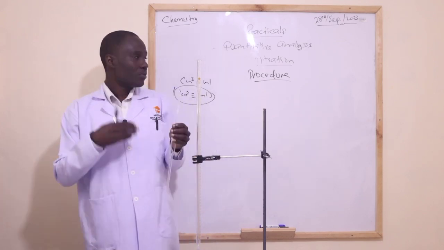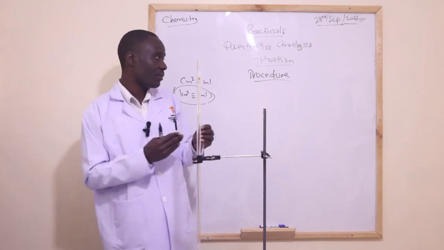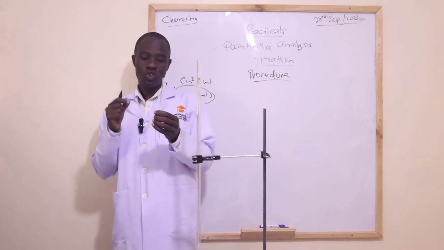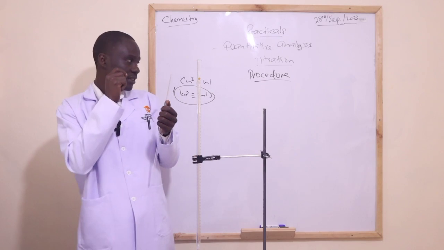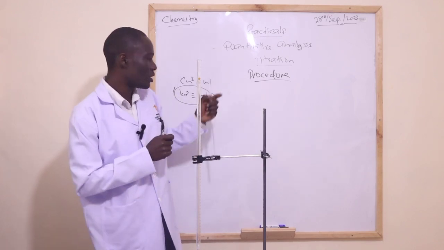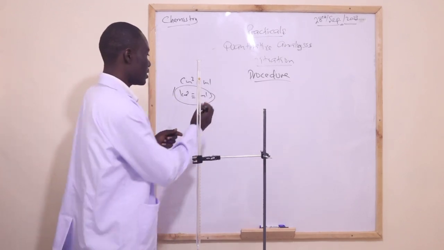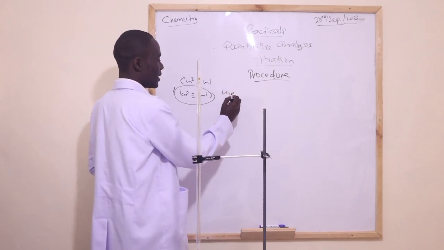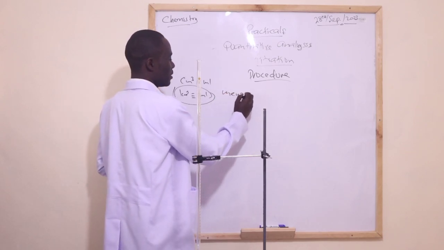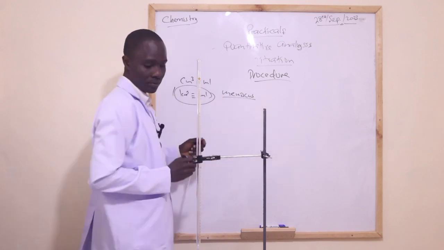So even as you fill any of them, you must fill them up to that mark. That mark is called meniscus. It is spelled this way, meniscus.